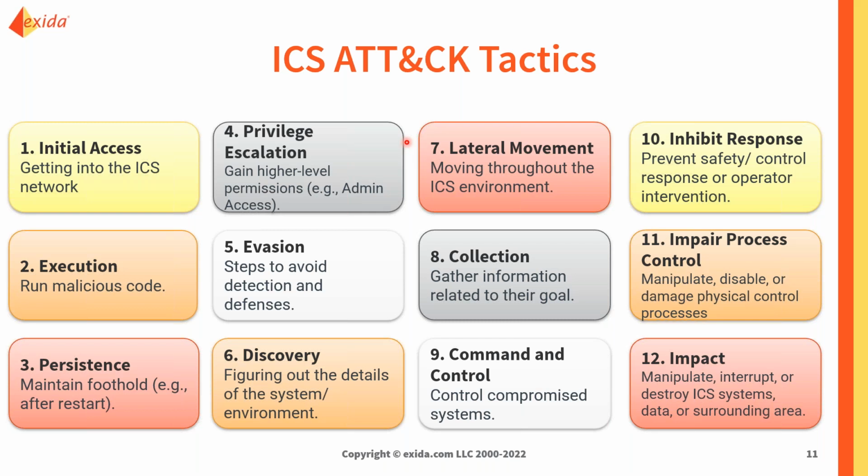So there are a couple of different things we can look at there. For evasion, this is now a game of cat and mouse. And so how do the attackers avoid the cybersecurity defenses of the system? How do they avoid detection? And so what can they do to keep a low profile when going through and executing the attack?